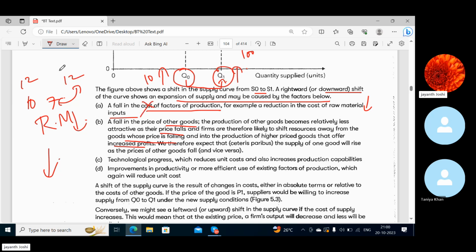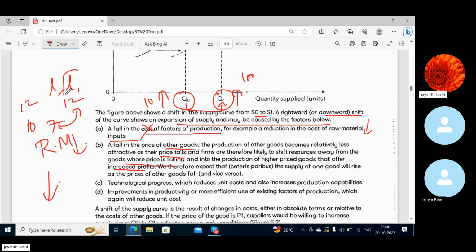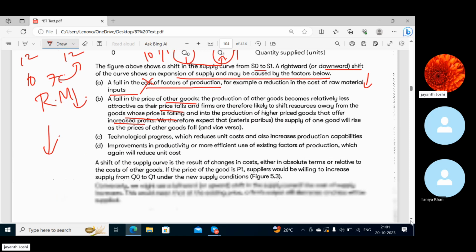See, factors of production are land, labor. So this is one of the factors of production. Let's say the labor is very cheap now, or material is very cheap now, then that is an advantage, right? More profit. If one of the goods' prices is falling, they will try to shift to some good whose price is high and they can make maximum profits, right? They'll try to supply that more.